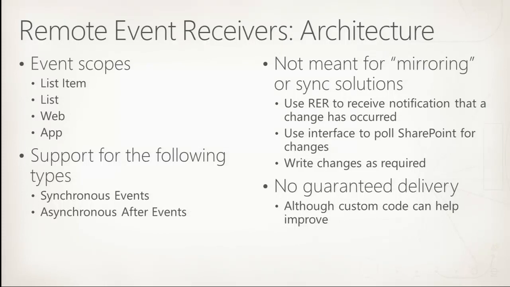A good example is, I've uploaded a document to a document library, and I want to send that out to a translation service, get the contents translated, and go back. Those sorts of activities are much more the types of things that we're looking at. And lastly, there isn't guaranteed delivery, but the most common thing I've been seeing people do here is to use the Azure message bus as a way to improve the consistency of delivery.